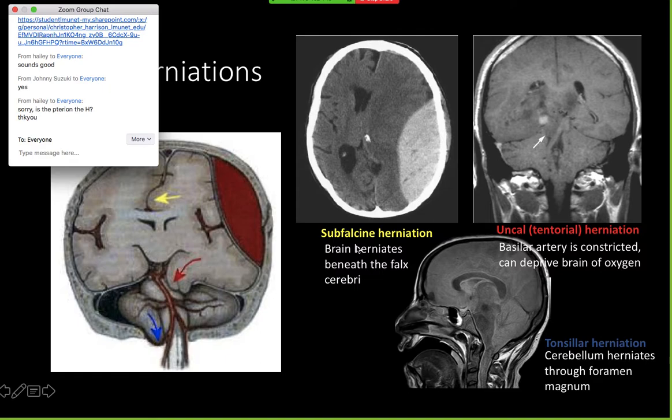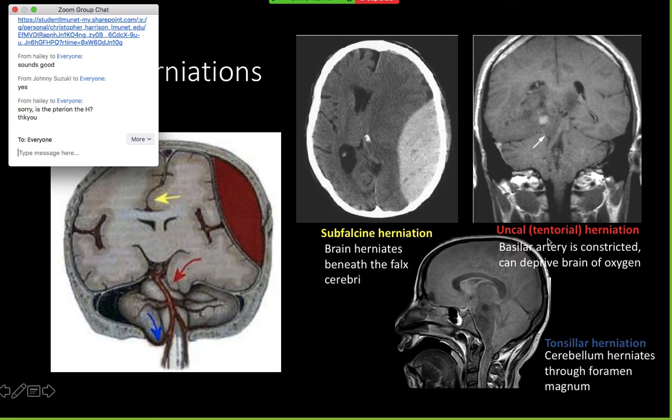A subfalcine herniation occurs when the brain herniates beneath the falx cerebri. That's that dural partition between the right and left lobe of the cerebral hemisphere.